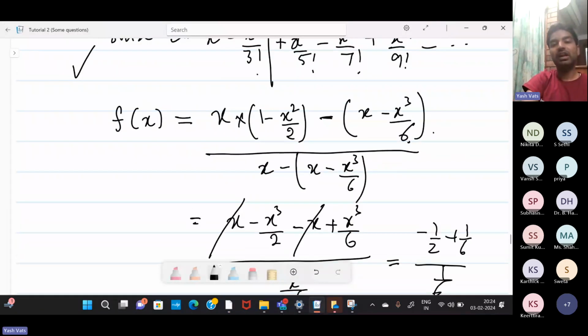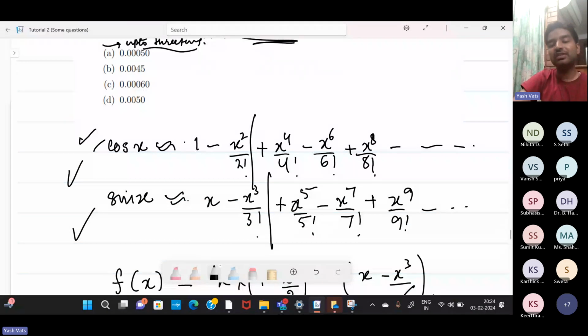Like in this way, you are having cosine x series expansion, but you know the actual value of cosine at some particular point. You know that. So you just have to calculate the difference between the actual value and the approximate, because you are taking up to 2 decimal places. Just calculate the difference between them, and that will be your truncation error. Up to how many digits you can retain, that may depend. Truncation error may change depending on the number of digits you are retaining.